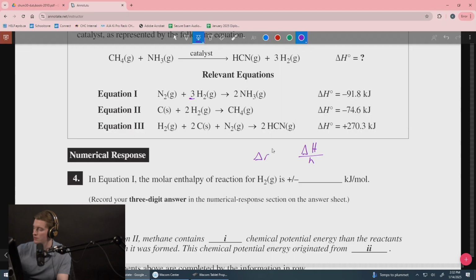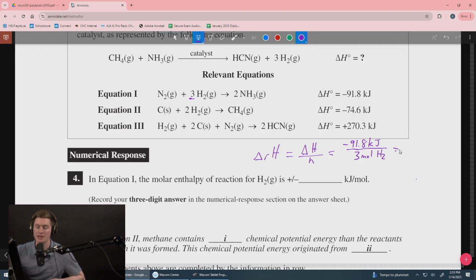So delta RH is going to be our delta H divided by our moles. Our delta H for this reaction is negative 91.8 kilojoules, and the number of moles is 3, because we just take the coefficient from the reaction.